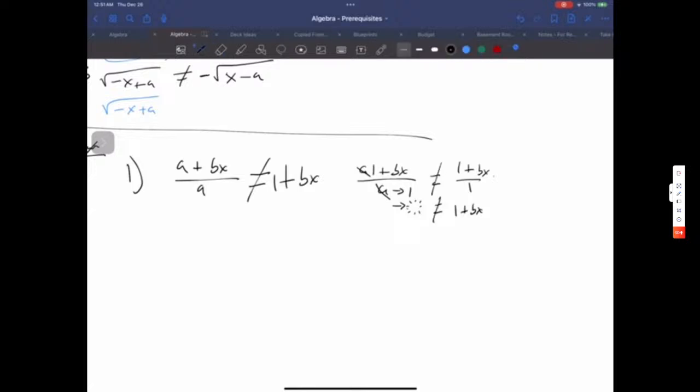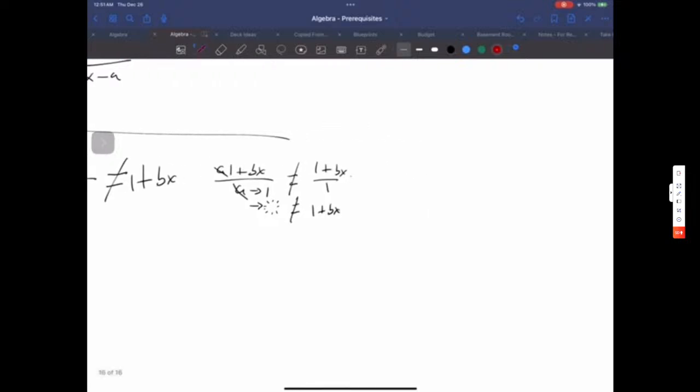The thing is that to cancel, the a would have to be present in every term on the top. So I'm going to write in red here because this is not what we're talking about. We want a plus bx a plus ac or something over a.